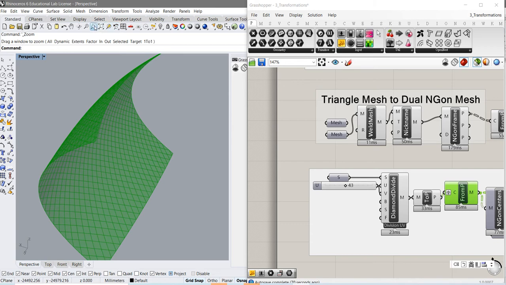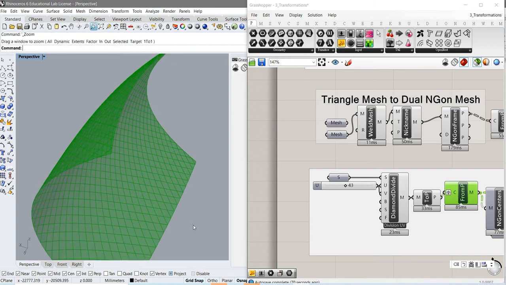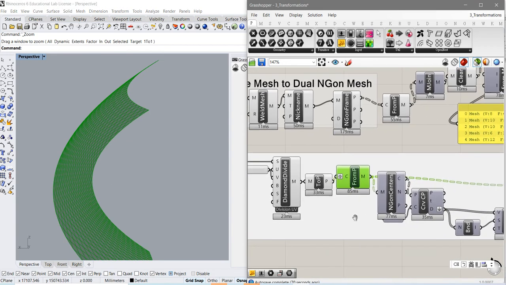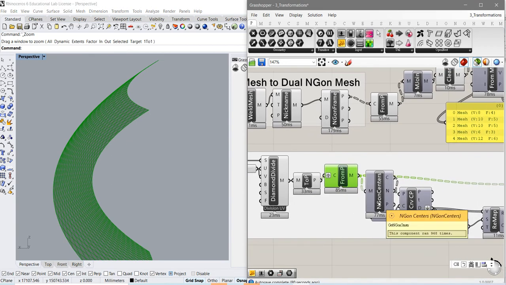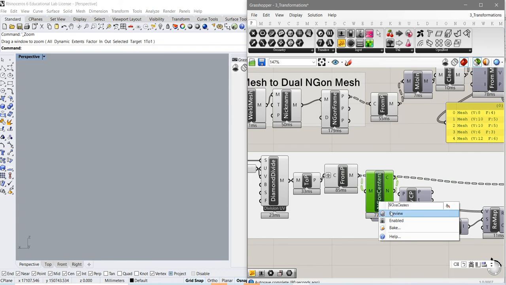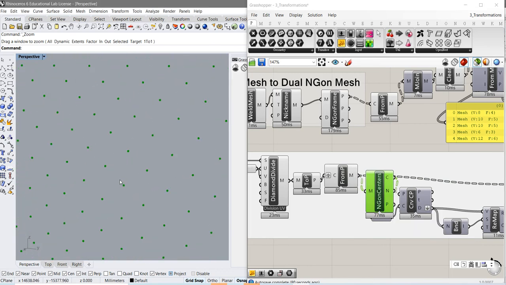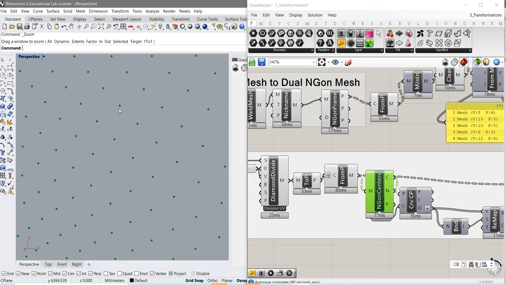Let me centerize the rotation. NGon centers: find the center position of all these NGons. It is interesting because here for each point it shows a small dot, right, instead of a small cross.